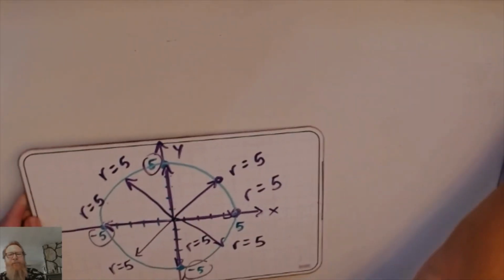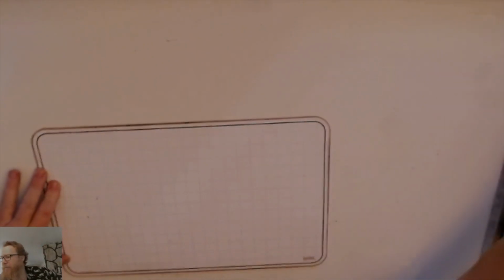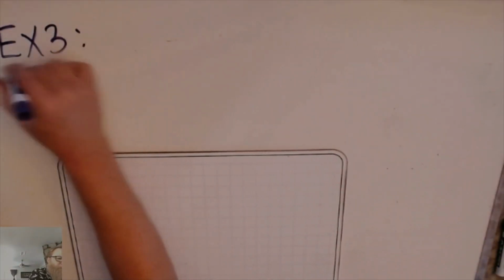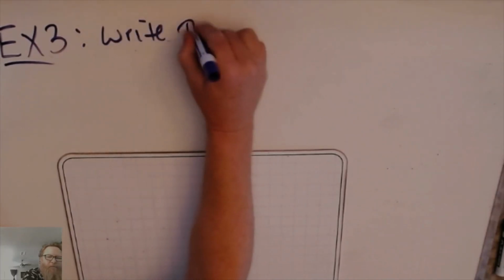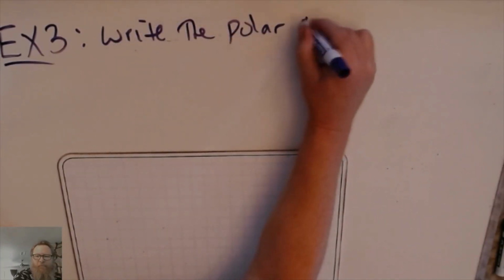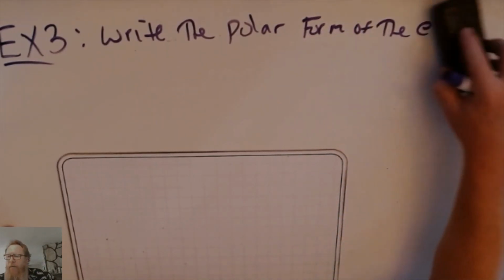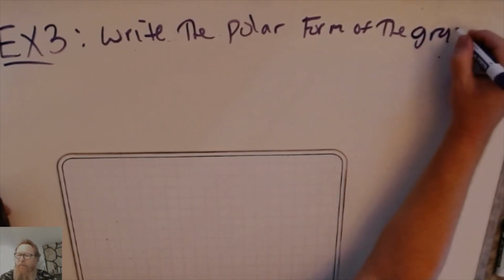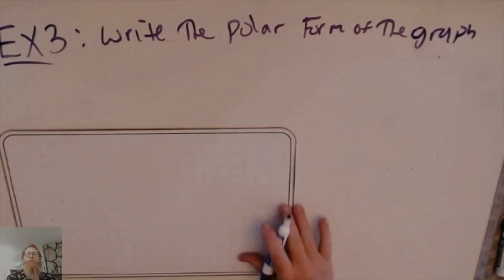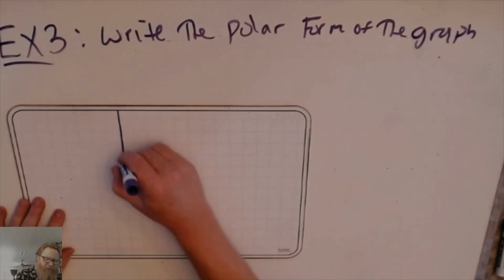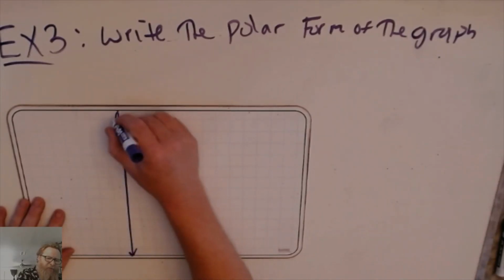Not every circle is centered at the origin. We often have circles that are centered somewhere else.